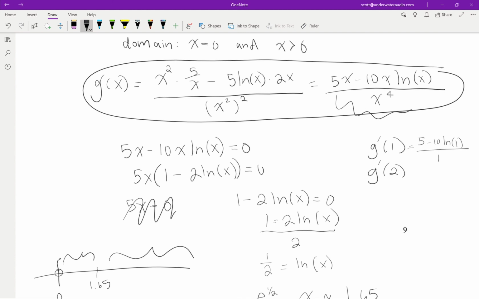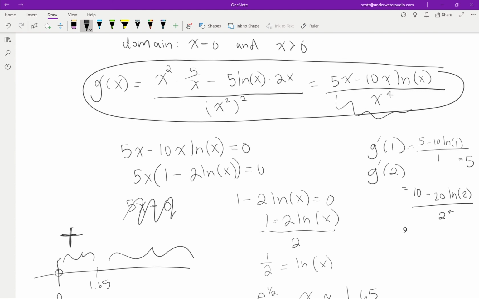So this actually just equals 5, which is positive. So I'll put a positive here to remind me. And then for g prime of 2, I'm plugging it into the derivative again, so that would be 10 minus 20 natural log of 2 all over 2 to the 4th.